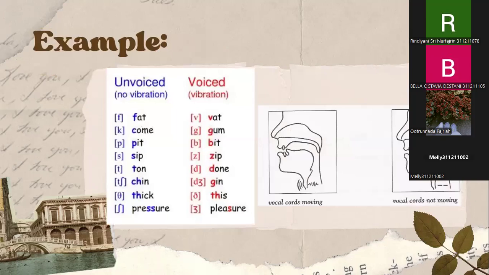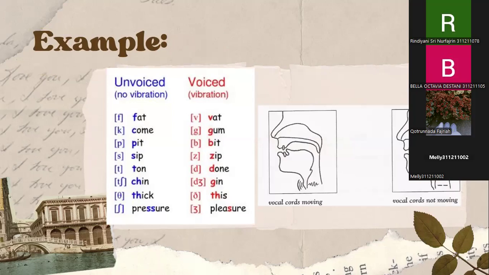Voicing is a crucial distinction in the world of consonants, impacting how we perceive and produce speech sounds. It refers to the vibration of the vocal cords during the articulation of a consonant. When the vocal cords vibrate, the consonant is considered voiced, like the b in bats or the g in go.